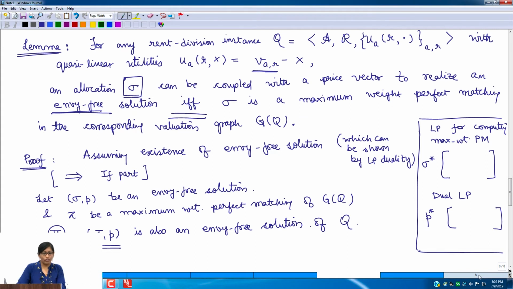So right now, do assume that NV-free solutions exist under the quasi-linear model, and I'm just proving this particular characterization of NV-free solutions: if sigma comma p is an NV-free solution, then sigma has to be a maximum weight perfect matching. It cannot be anything else. And given a maximum weight perfect matching, I can always find a price vector so that the tuple sigma comma p would be an NV-free solution for the given instance Q.